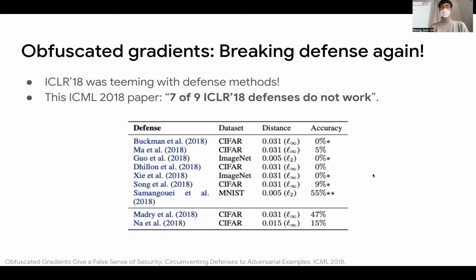And this is the central table they showed. These are defenses from ICLR 18, and of course in their respective papers they say the accuracies are preserved even after attack. But actually, with these ICML 18 attacks, you still get very low accuracy after the attack. So the defense is not working.